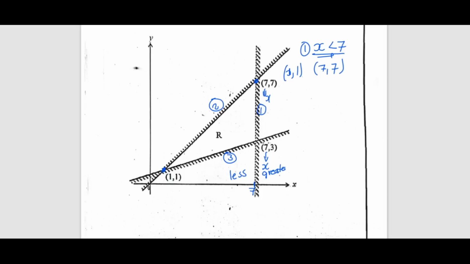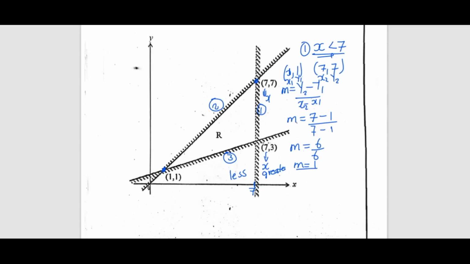Whenever we have this, we need first to find the gradient. The gradient is y2 minus y1 divided by x2 minus x1. y2 is 7 minus y1 which is 1, over x2 which is 7, minus x1 which is also 1. So 7 minus 1 is 6 over 6. 6 divided by 6 will just give us 1.